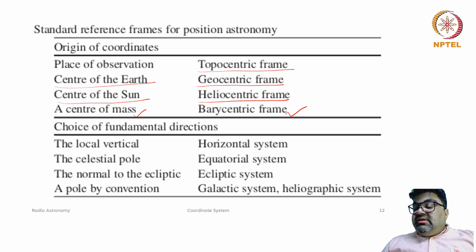If the local vertical is chosen as the direction, it is called the horizontal system. If the celestial poles are chosen as pointing north and south, it is called the equatorial system. If the normal to the ecliptic is chosen, it is called the ecliptic system. And one of them is called the Galactic System.